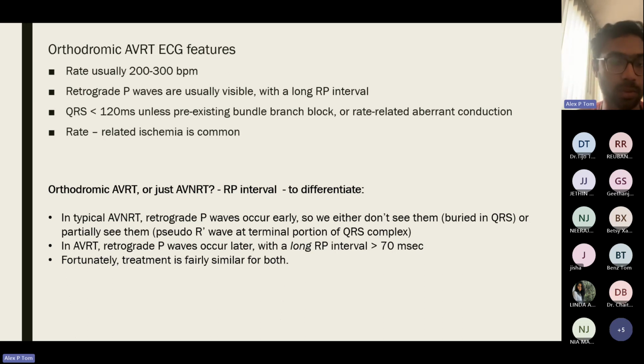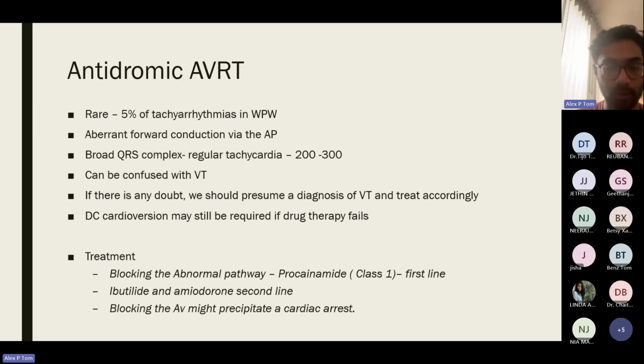Technically, you don't have to differentiate these two. It's very difficult, and the treatment is more or less the same. So fortunately, we are saved there. There are technical details in differentiating these both, but in the interest of time, we won't go much deeper than this.